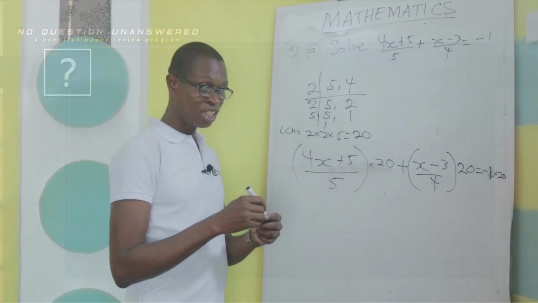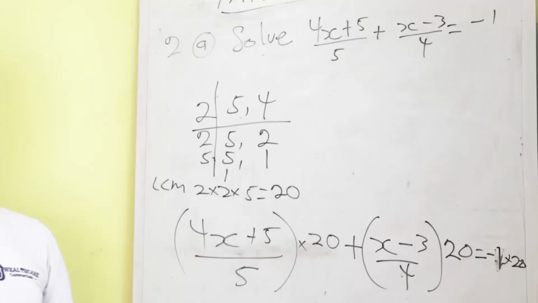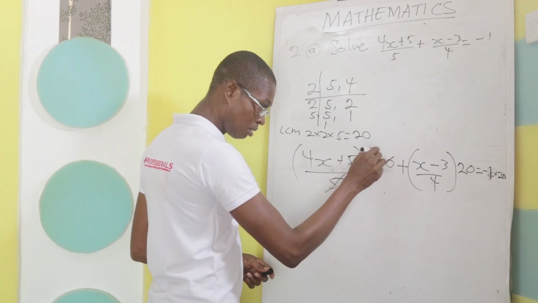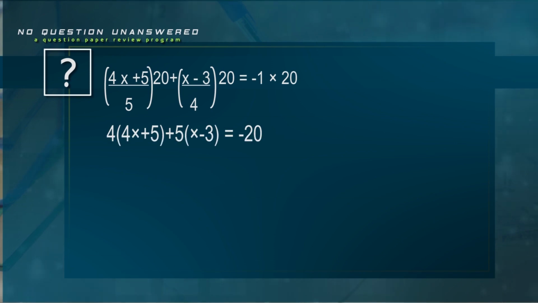They say multiply each expression by the LCM, so let's see how we can cancel. The 5 here, of course, the denominator will cancel the 20. 5 times 4, meaning 4 in bracket 4x plus 5. We do the same here, plus what? 4 cancels the 20, so it means 5 is multiplying the expression x minus 3, equals negative 1 times 20, which gives you negative 20.